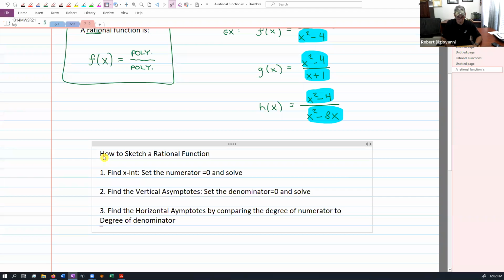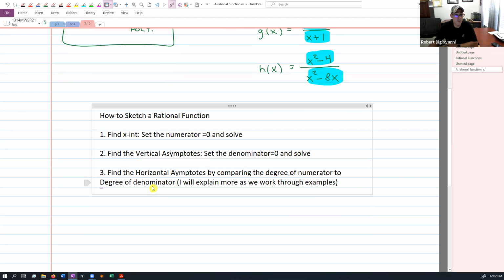Okay, so I have to explain this more. I will explain more as we work through some examples. I want to fill in step 3 after we do a couple of examples.